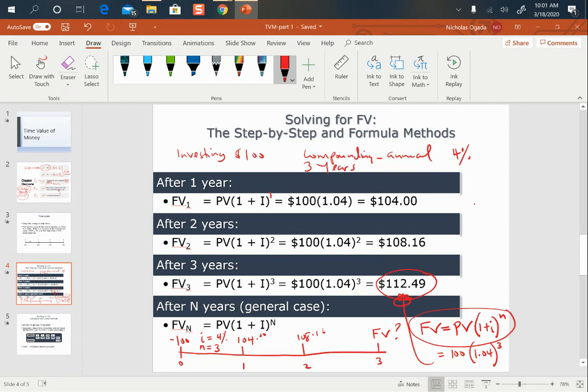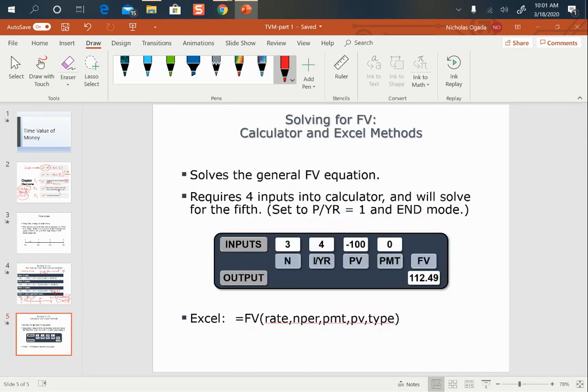There's a shortcut to this, and I'm going to show you the best way to approach it. If you want to use a calculator to determine the same computation, for 3 years or could be 4 years, then it's a very easy process.